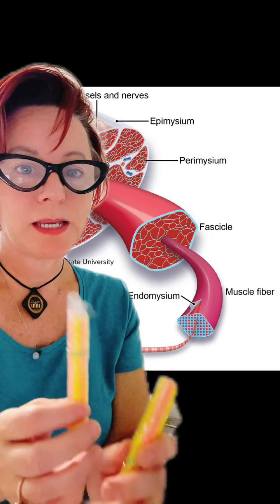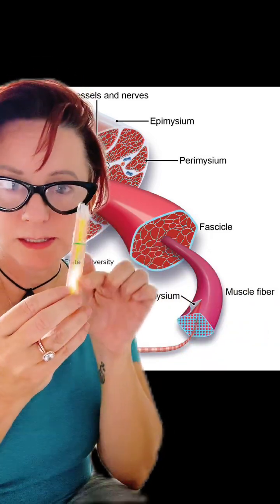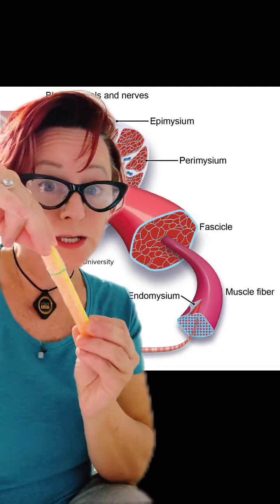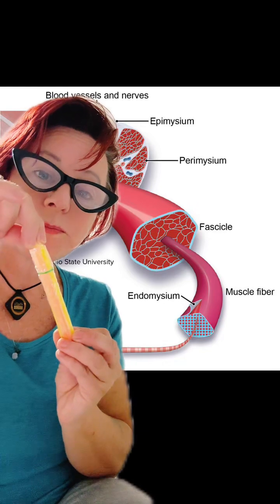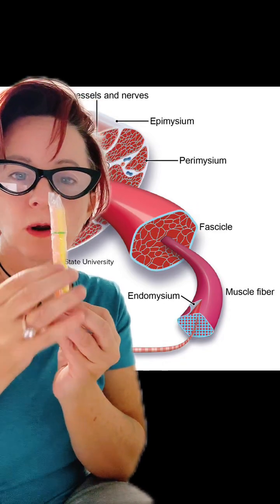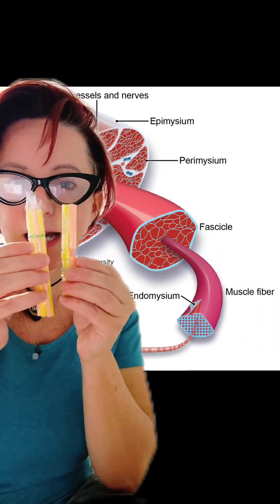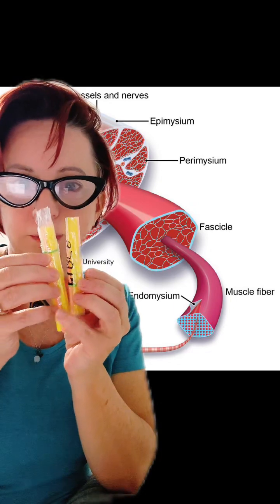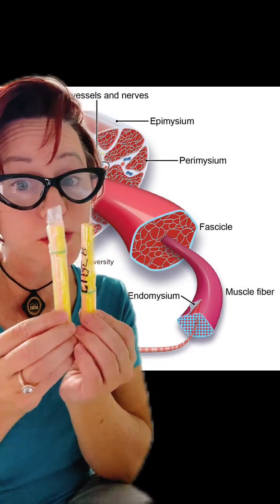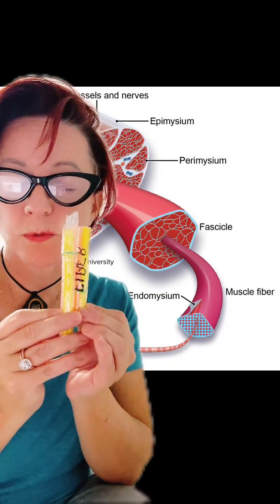But each muscle fiber is actually wrapped in a connective tissue called fascia. This particular fascia is called endomysium. And all the muscle fibers are wrapped in fascia. So you can see each has its own covering. Now you're going to take about 60 to 100 of these muscle fibers, bundle them to create a muscle fascicle.